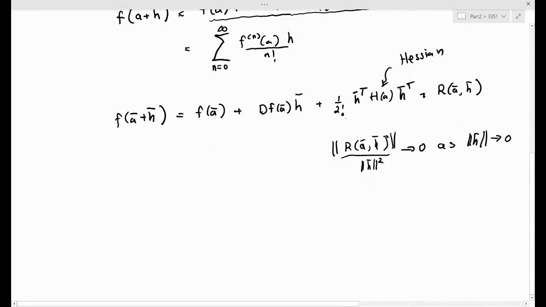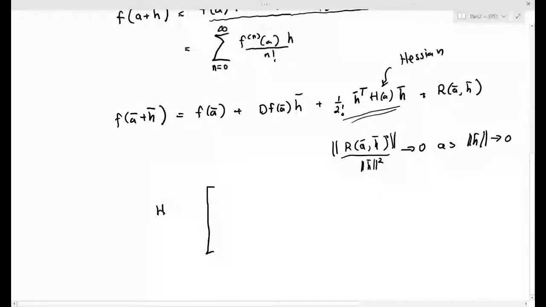And we really want to develop theory about this second order term, because it's the one that's going to provide the theory for the second derivative test. Okay. So what do we know about the Hessian?